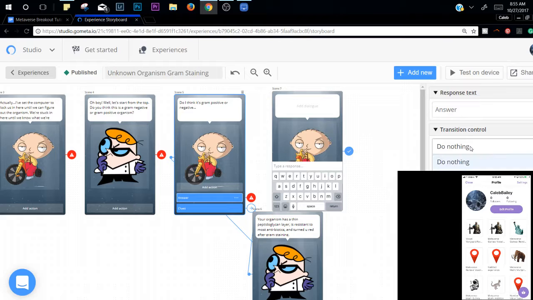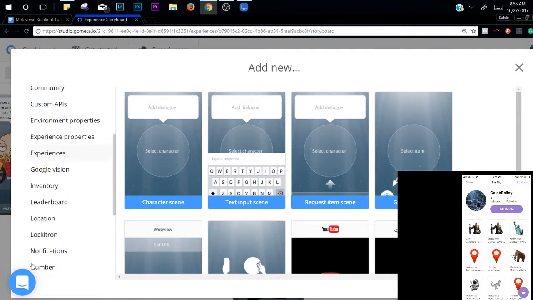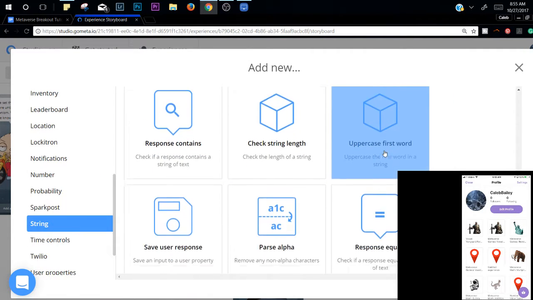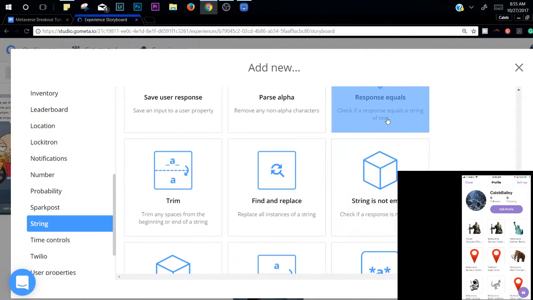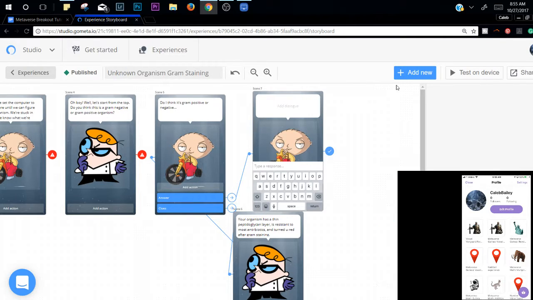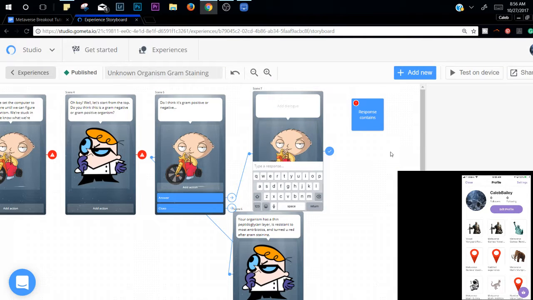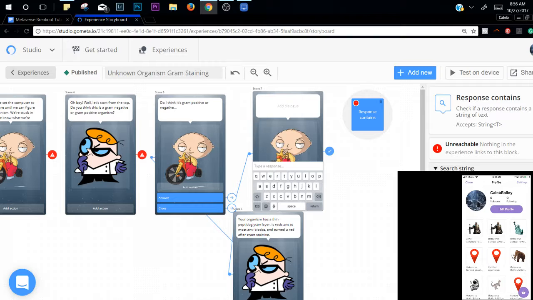Okay, so what we're going to do is we're going to have this transition to scene 7, and then I need a block that's going to test our response. In this instance, we're going to use response, not equals. Some people put the hyphen, other people put a space when they type the word gram negative. So what I'm going to do is search that the user must have the word negative in it.